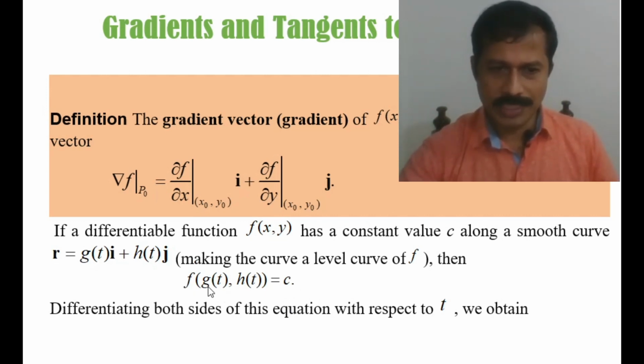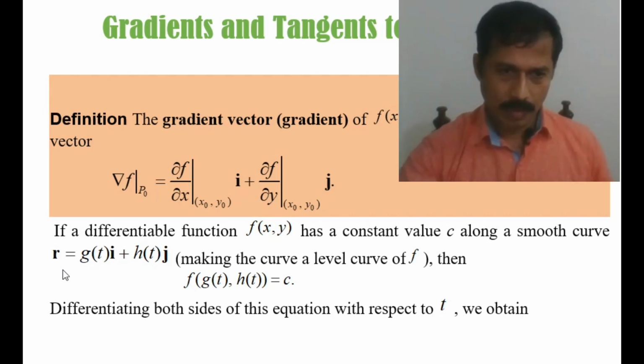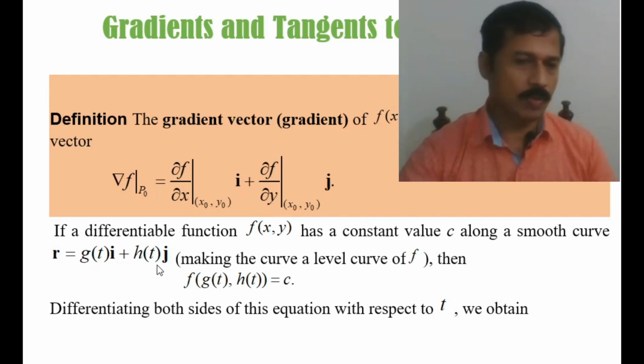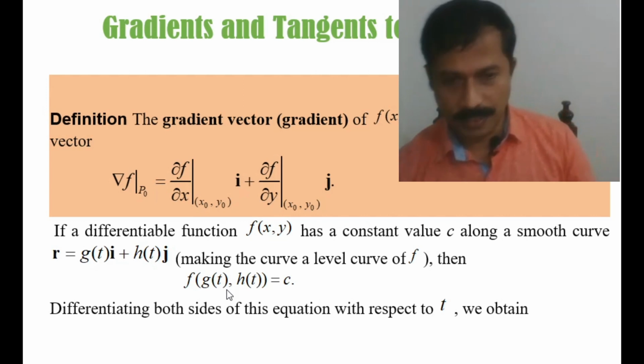Now what about x? x is a function of t, obtained by looking into this vector valued function that represents the curve. Here we have g of t, so in place of x of t we have g of t, and we substitute it here. Similarly, in place of y of t we have h of t, so we substitute here. So we get f of g of t, h of t is equal to c.